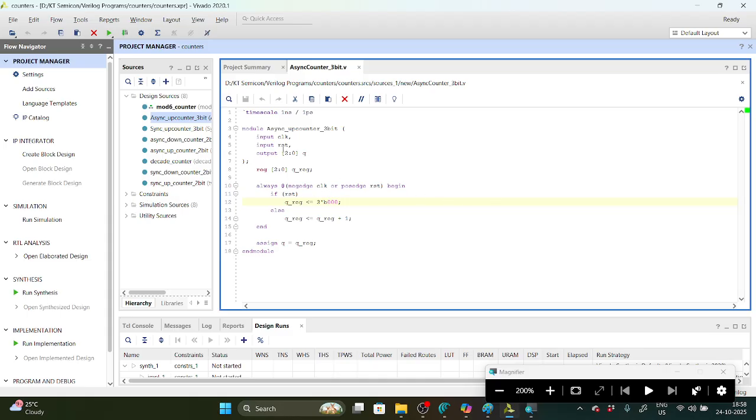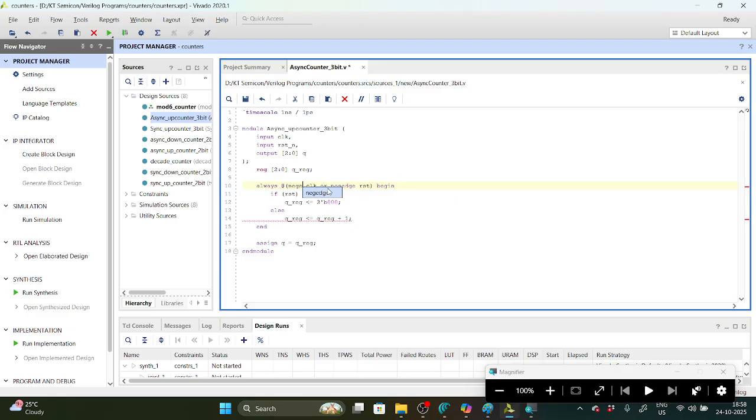I can use the negate of reset, so here I'll use asynchronous reset underscore n, based on my design.